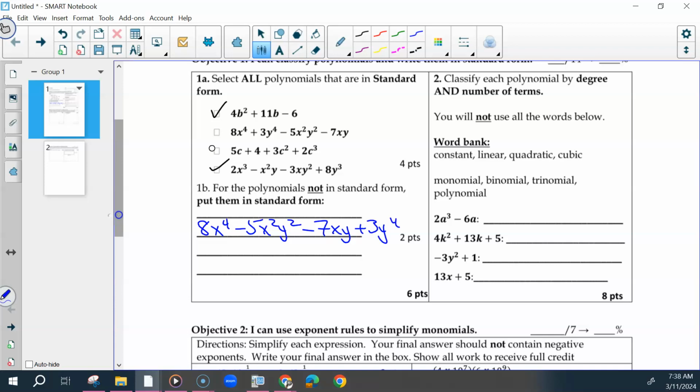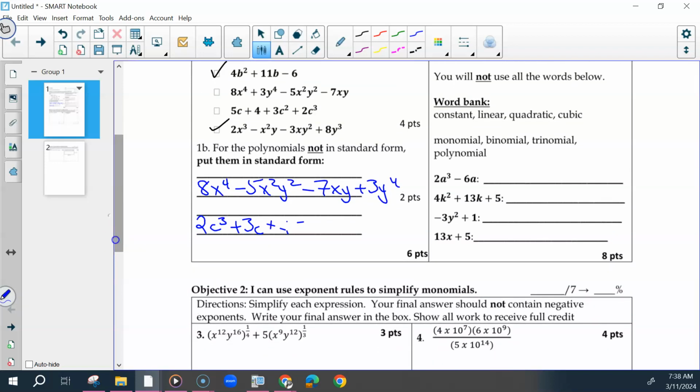And then for this one, we have 2c to the 3rd plus 3c squared plus 5c plus 4.